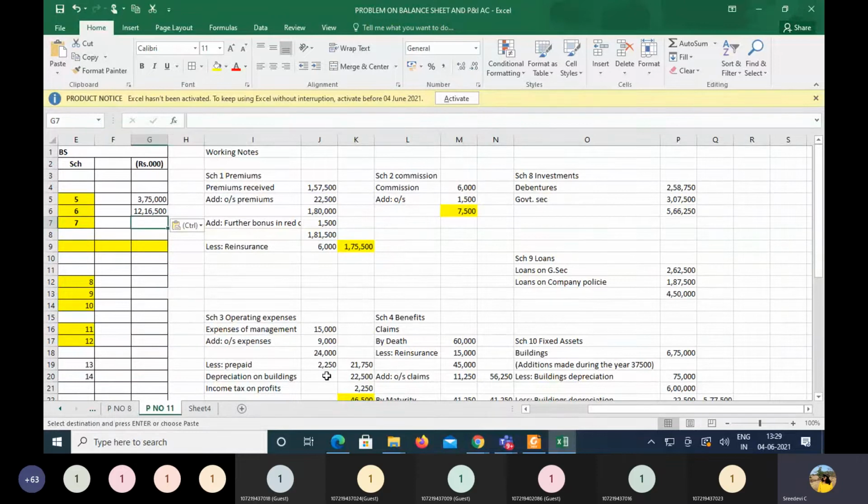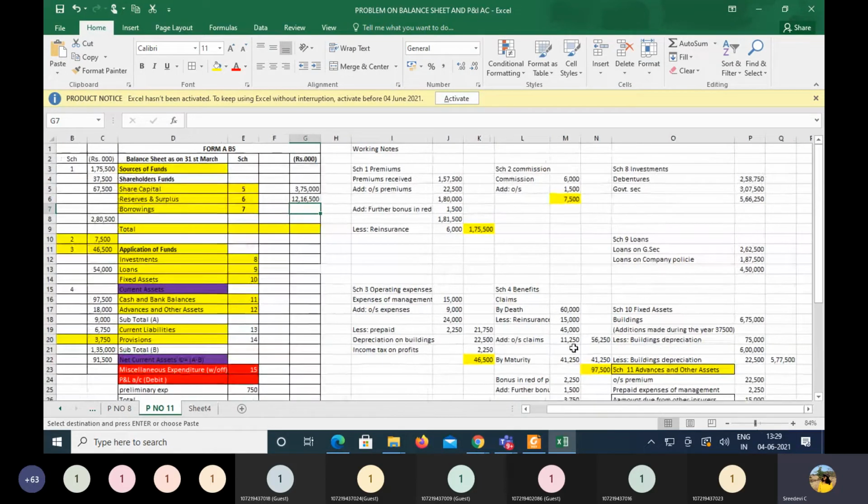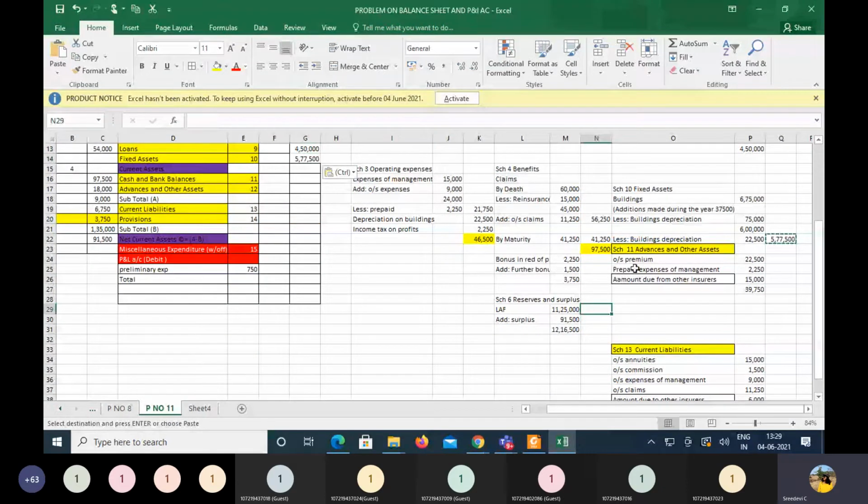7, I think we have nothing to show on the 7, but followed by we also have schedule number 8, total is 9. 11 is what? Current assets, right?